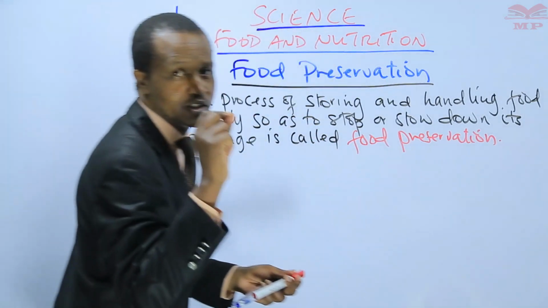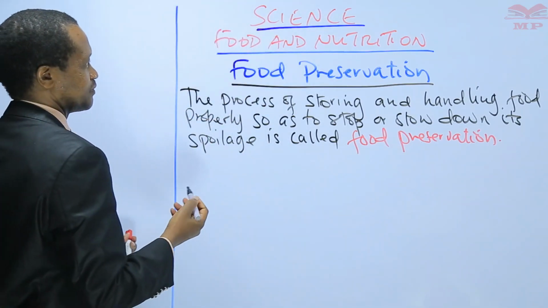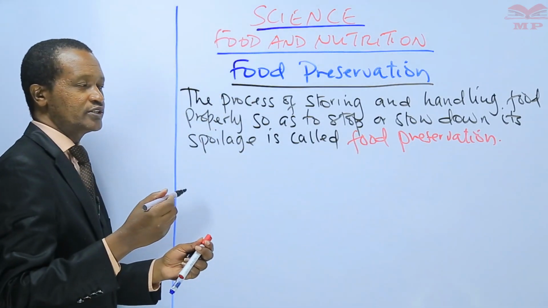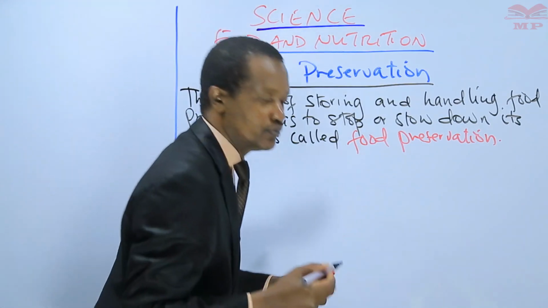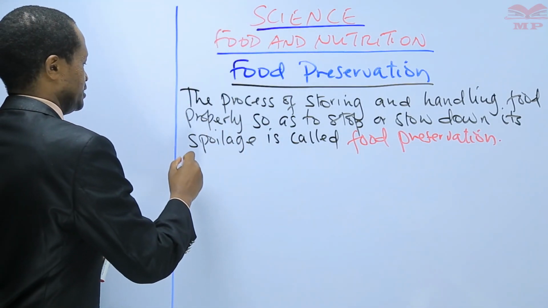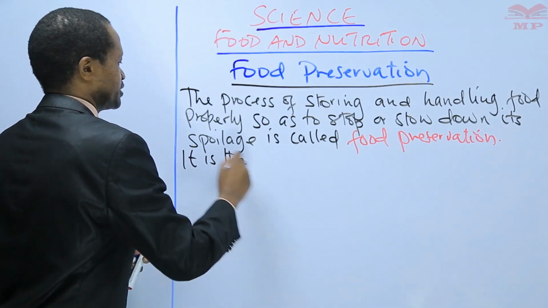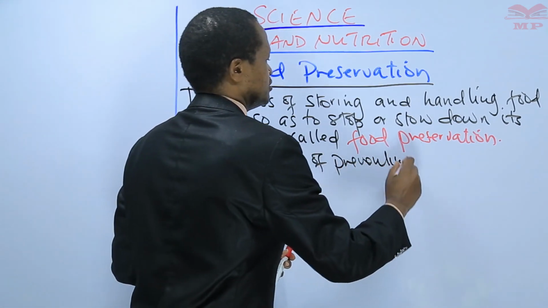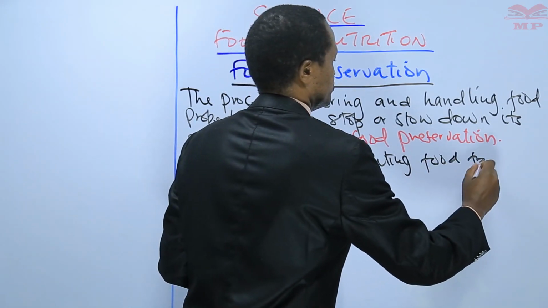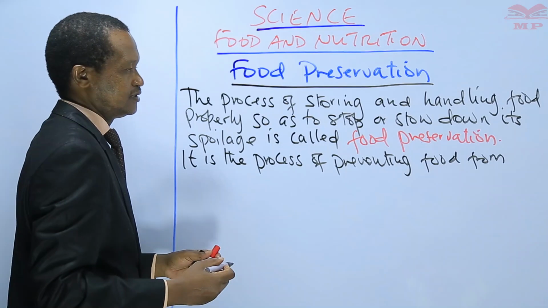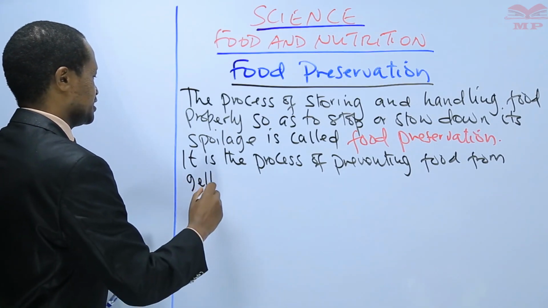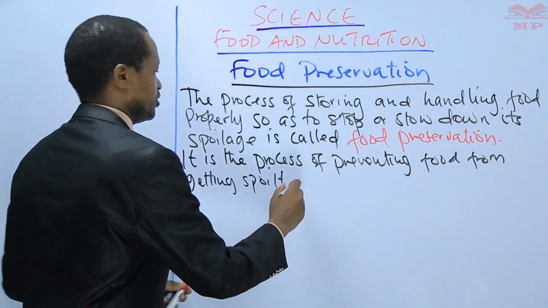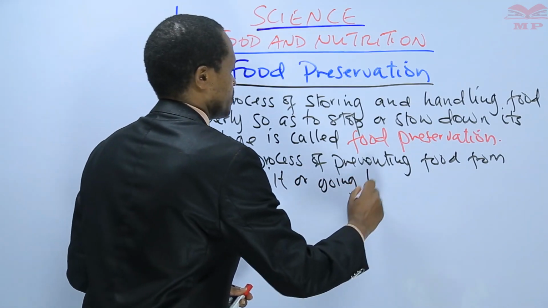You can also just give a short definition. You can say, food preservation is the process of preventing food from getting spoiled or going bad.